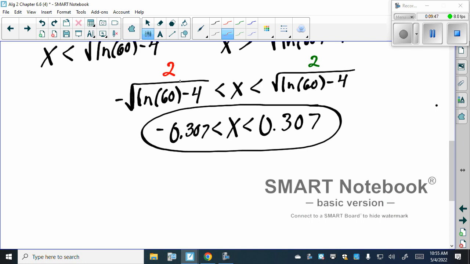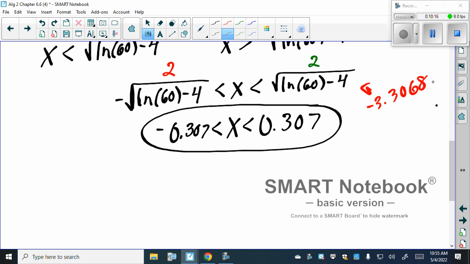Well, the natural log of 2 minus 4, we get this here. We get a negative. But it's inside of a radical. Can we take the square root of a negative number? No, so there is no answer for this. That's why it didn't work.